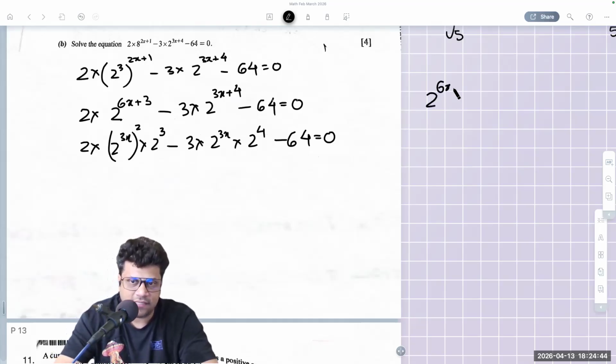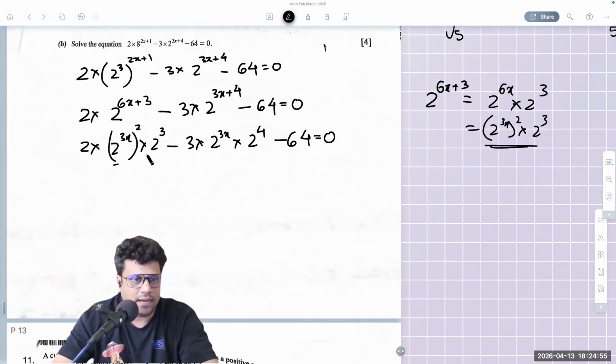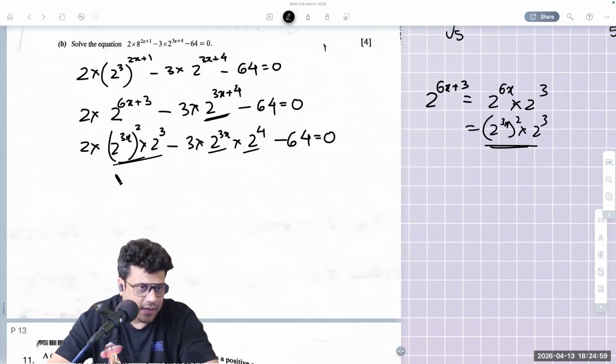See, that can be split, right? 2 to the power of 6x plus 3 can be split into 2 to the power of 6x into 2 to the power of 3. And that can be written as 2 to the power of 3x squared, right? Same here. This can be split into these two. Well, that helps you assume 2 to the power of 3x to be y.